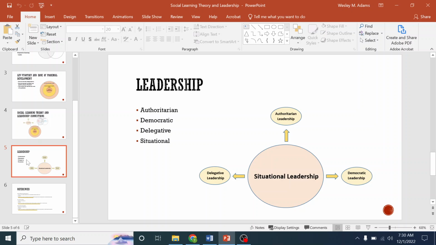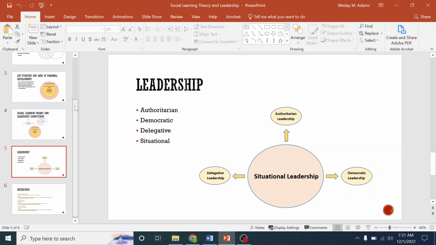It's also called laissez-faire. People can see you as lazy as a leader if that's all you ever use is delegative leadership. We're going to get to situational in just a second, but let's talk about the overlap. Just like we had overlap between cooperative and collaborative group work, we also have overlap between leadership models.